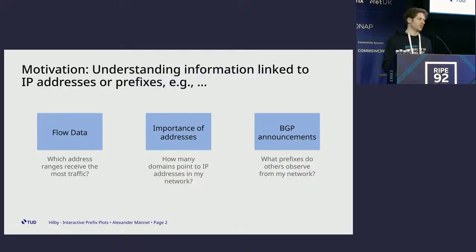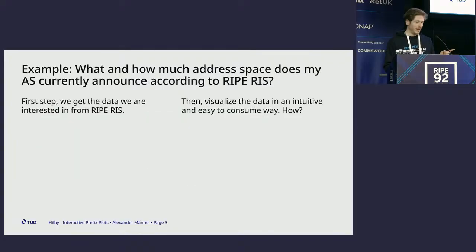So what prefixes do others observe of my network? And I'm going to stick with the last example. Because as a researcher, I do not have the internal operator data, but I do have the great RIPE RIS data. So I can talk about that last case: what and how much address space does my AS currently announce according to RIPE RIS?